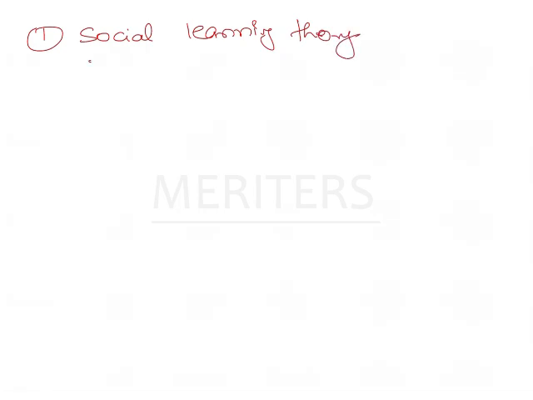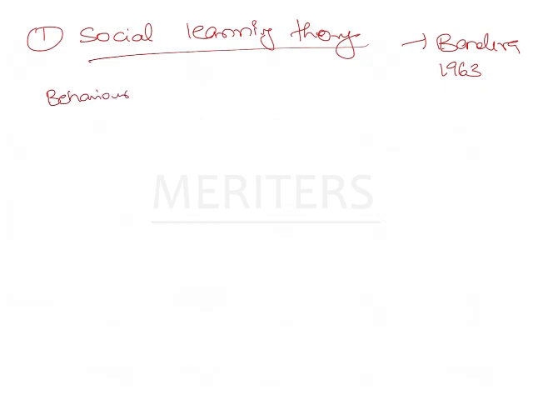Now first being the social learning theory. The social learning theory was given by Bandura in 1963. His theory is based on the fact that behavior is actually acquired through social needs. It is motivated by social needs, and our behavior is shaped by the events happening around us.